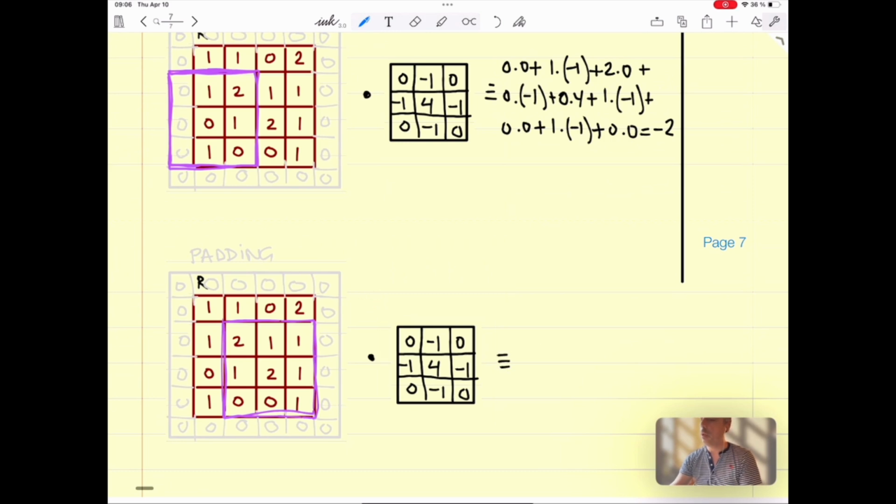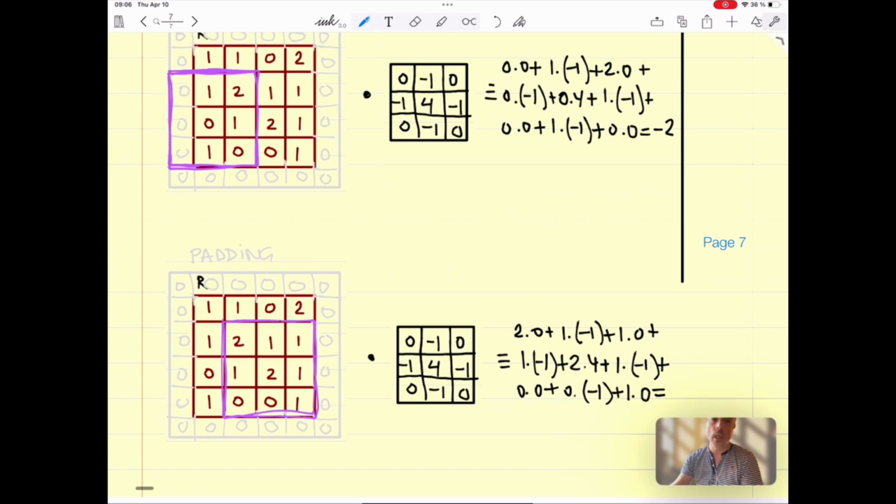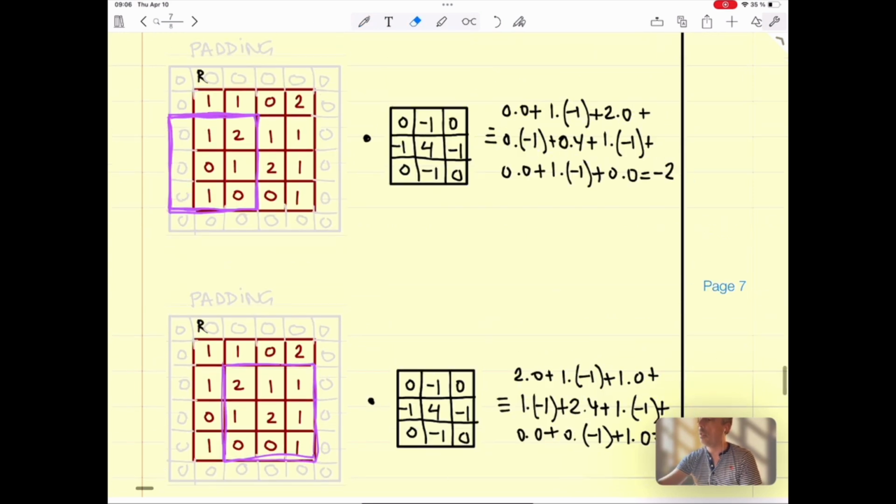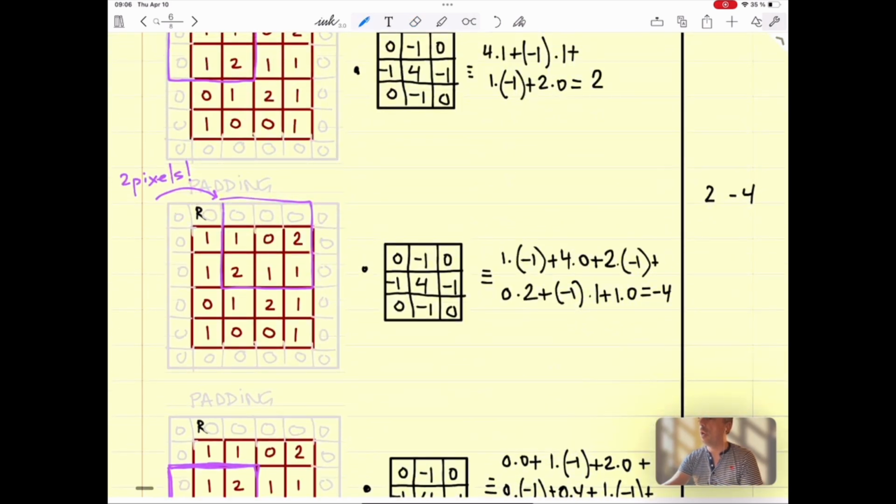So we do again 2 times 0, 1 times minus 1 plus 1 times 0 plus 2 times minus 1 plus 2 times 4 plus 2 times minus 1 plus 0 times 0 plus 0 times minus 1 plus 1 times 0 equals 7 at some point, I think, if we add it all up. So what we're getting here is minus 2 and then 7.